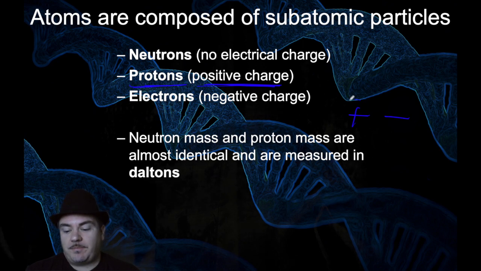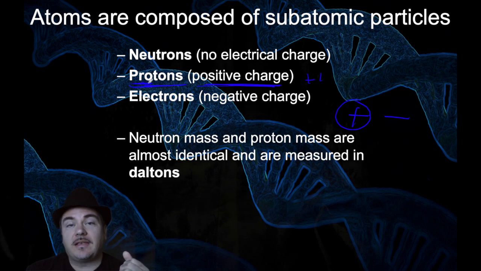The protons have a positive electrical charge, a +1 electrical charge. That one should be fairly easy to remember. Why? Because protons are positive. So that's protons. Another subatomic particle is a neutron. Neutrons do not have an electrical charge.